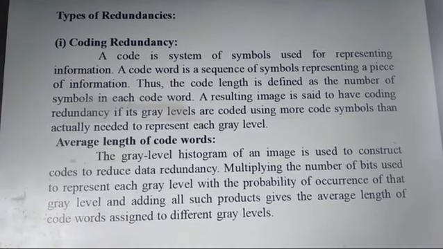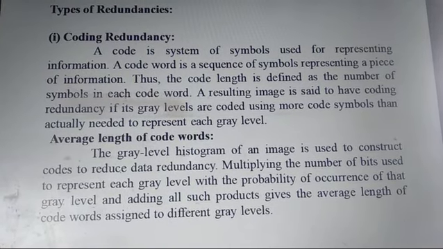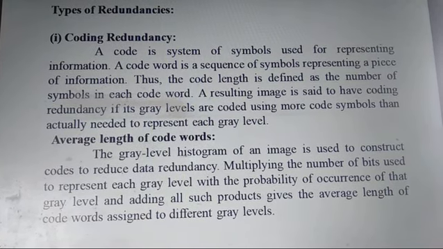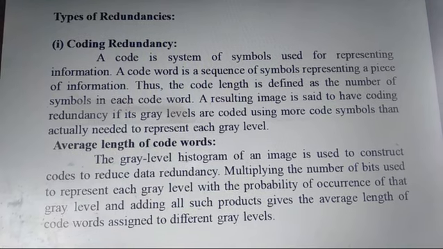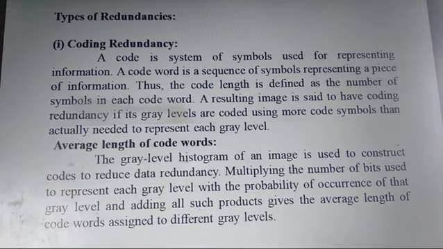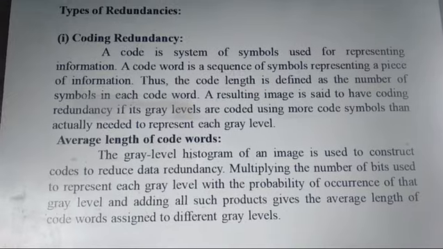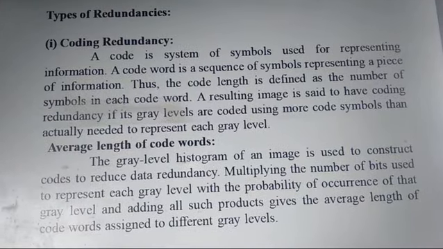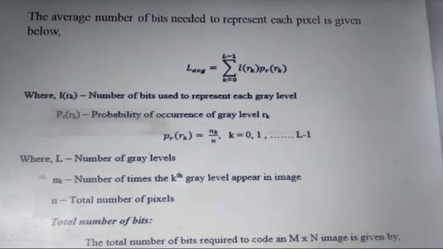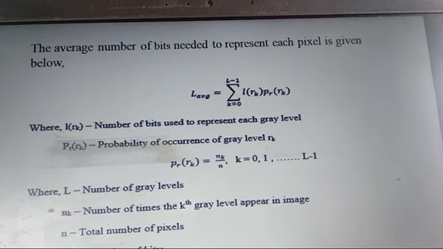So what is the average length of code words? A gray level histogram of an image is used to construct codes to reduce data redundancy. Multiplying the number of bits used to represent each gray level by the probability of occurrence of that gray level, and adding all such products, gives the average length of the code word assigned to the different gray levels. The average number of bits needed to represent each pixel is given below, where L is the number of gray levels.